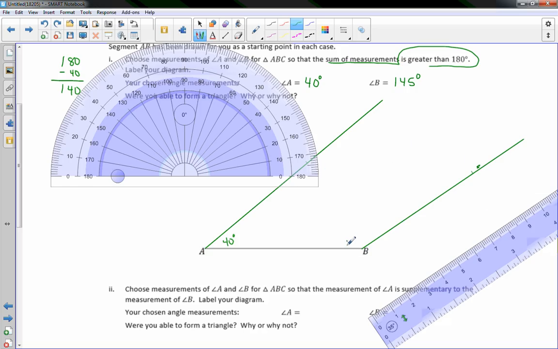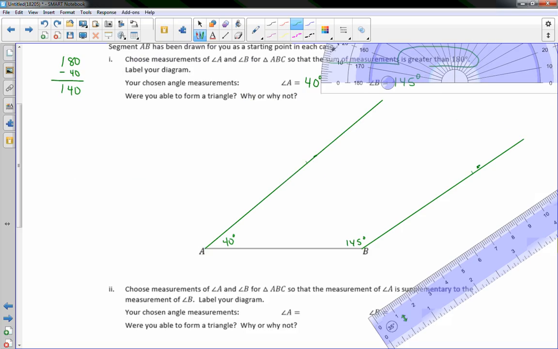So this angle is 145 degrees. Now notice that this one's slanted down a little more than this one. So as you go further out into space, these are going to get further apart. In other words, they will never meet, and therefore we will not be able to form a triangle. The answer is no.